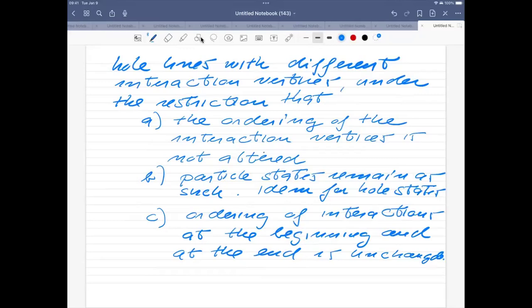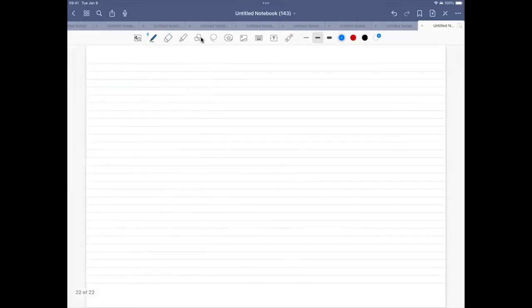So when we look at the explicit evaluation of each diagram, for each of these topologically distinct diagrams, topologically distinct means also that when I twist the particle and hole lines, I will always end up with a final expression which is the same.